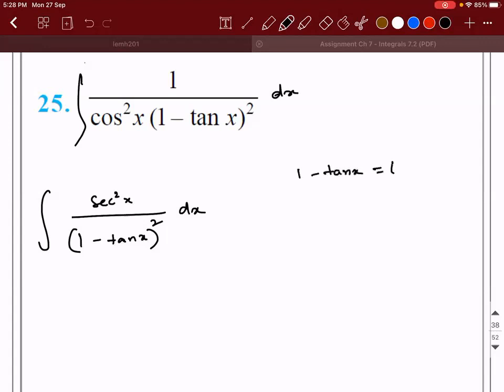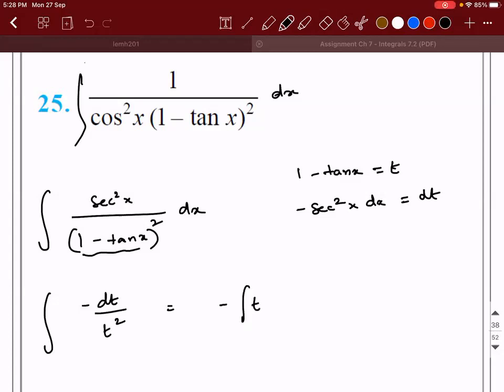Very good. By doing that, you get minus secant square x dx will be equal to dt. So secant square x dx will be minus dt, divided by 1 minus tan x, which is t, so it becomes t square. So minus integral of t power minus 2 dt. See, actually the integral of minus 1 by t square is 1 by t, because the derivative of 1 by t is minus 1 by t square.